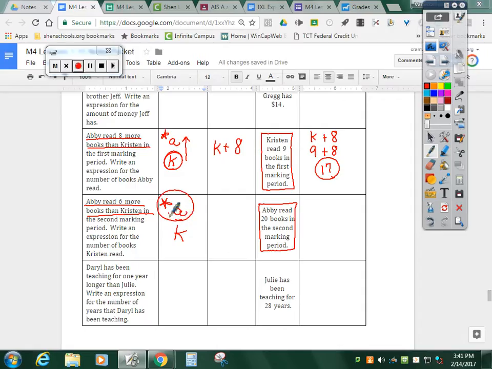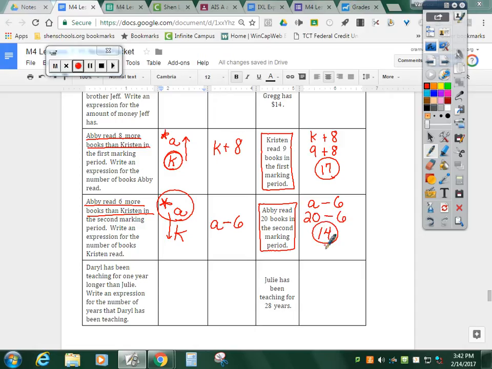I am going from the higher number of books read to the lower, so I'm going to have to subtract 6, because Abby read 6 more books. Now when I evaluate this, I'm going to substitute my 20 in for the books Abby read. And 20 minus 6 gives 14 books that were read by Kristen.